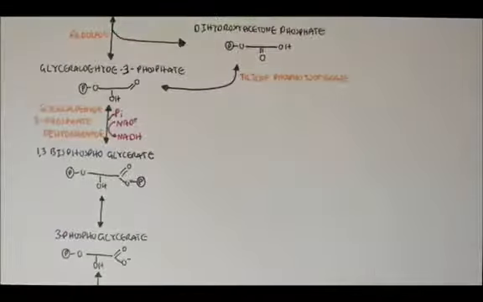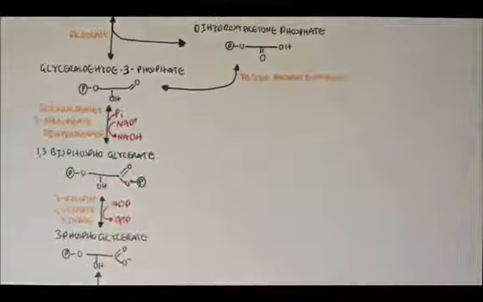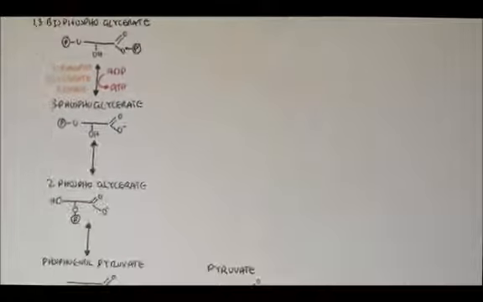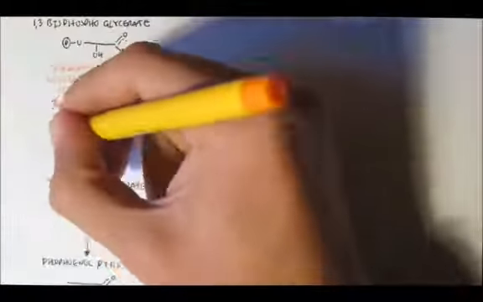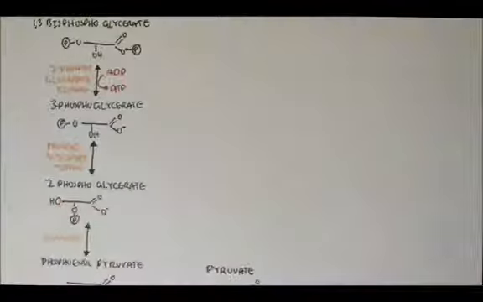And also in this reaction, hydrogen was removed by NAD to form NADH. 1,3-bisphosphoglycerate with the enzyme 3-phosphoglycerate kinase will dephosphorylate the phosphate from the 1st carbon by transferring it to ADP, making 3-phosphoglycerate. 3-phosphoglycerate then, with the enzyme phosphoglycerate mutase, will form 2-phosphoglycerate. The phosphate is only in a different location now. It is off the second carbon.